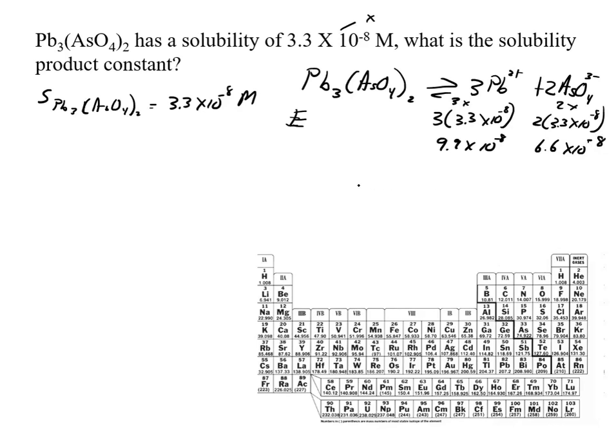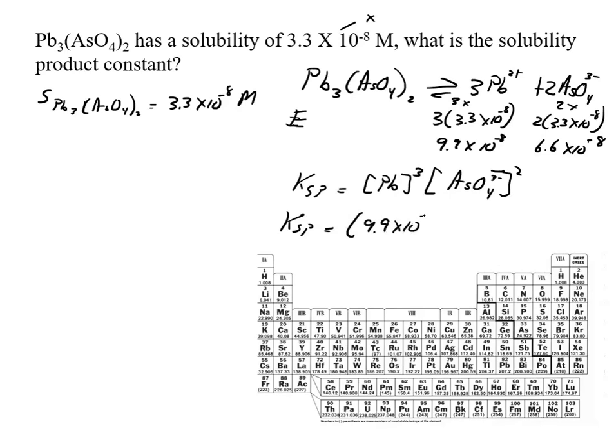I hit the eraser. And my Ksp expression is going to be the concentration of lead cubed times the concentration of arsenate squared. So my Ksp is going to be 9.9 times 10 to the minus 8th cubed, times 6.6 times 10 to the minus 8th squared.